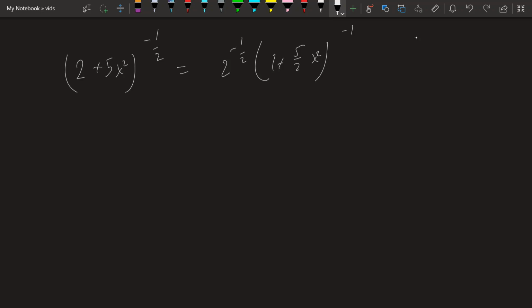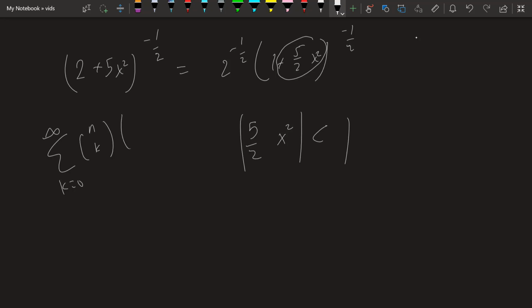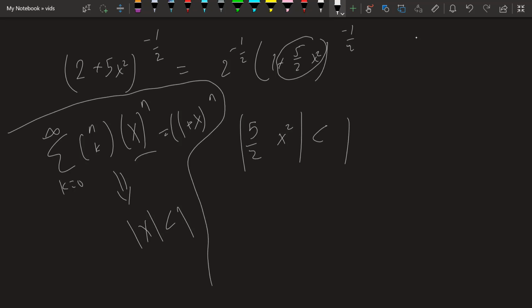We know that in order for this to work, the absolute value of big X must be less than 1 in order for this expansion to work. So this will be 1 plus X raised to the power of n. This is the condition, and it's in the book.